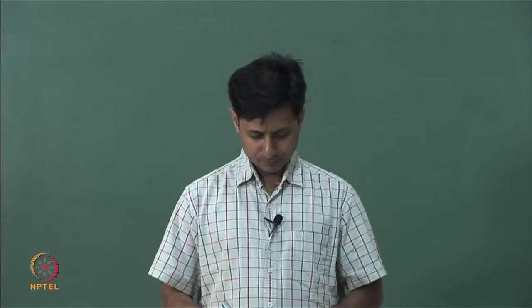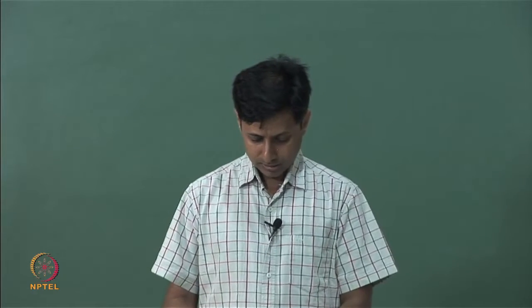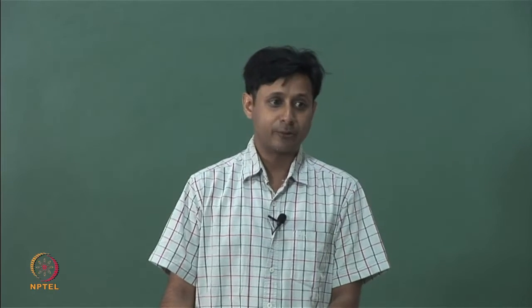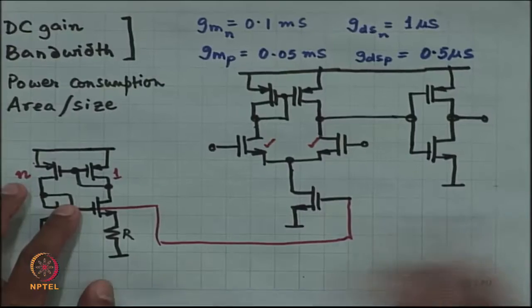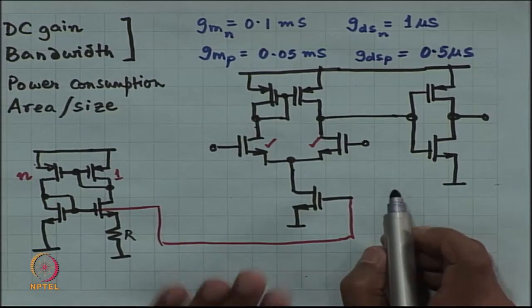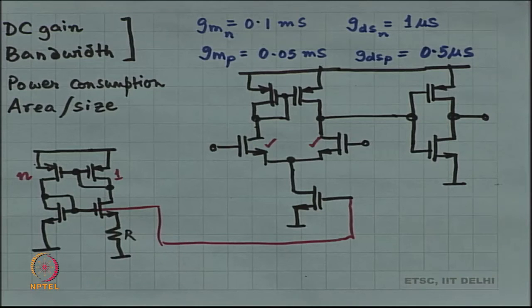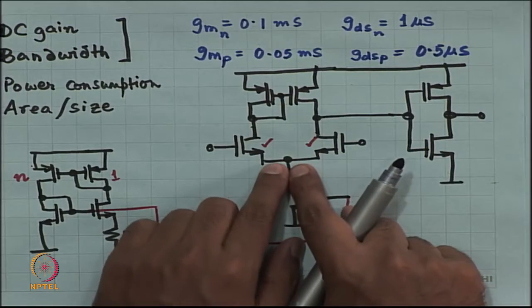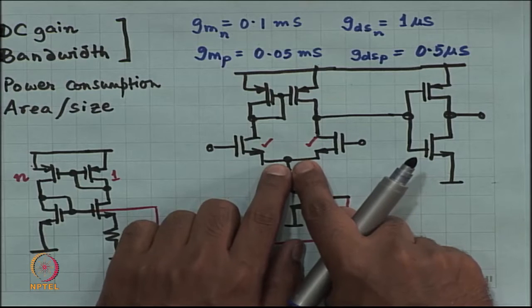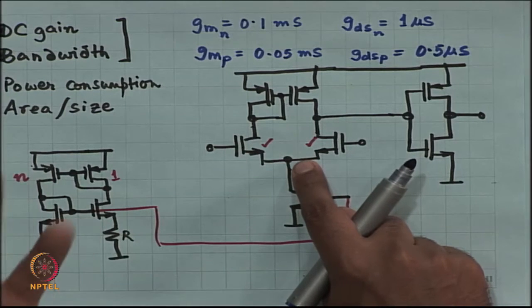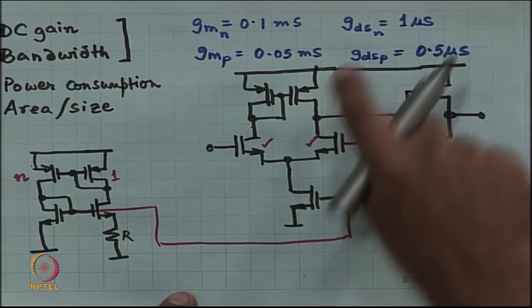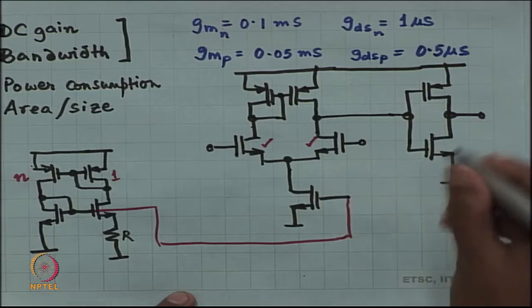Now, how are we going to proceed? Where is bandwidth coming in? Number 1. So, what about DC gain? As far as the differential mode is concerned, what I hope you remember is that in this first stage, this node will somehow act like a virtual ground, not really virtual ground, but somehow it so happens that this acts like a virtual ground and double the current comes out over here.